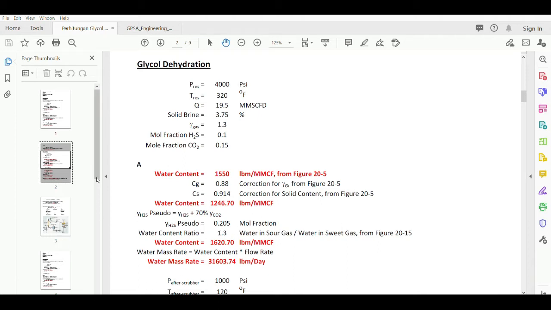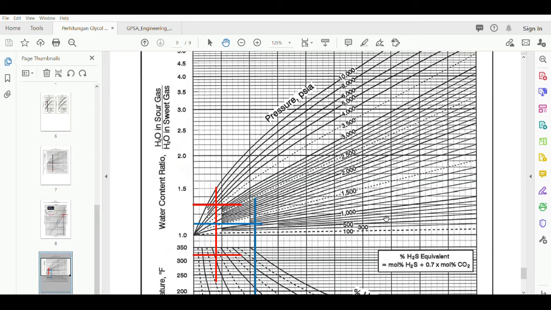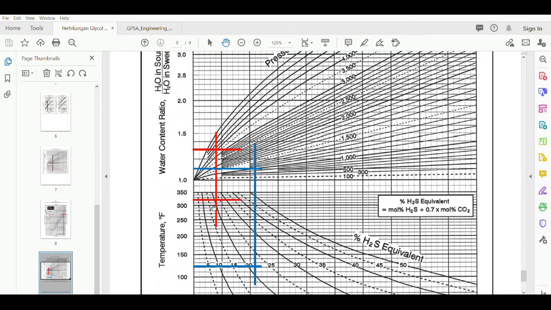Let's go to figure 20.5. So we have 320 degrees Fahrenheit, a little bit more than 20 with the 4000 psi.